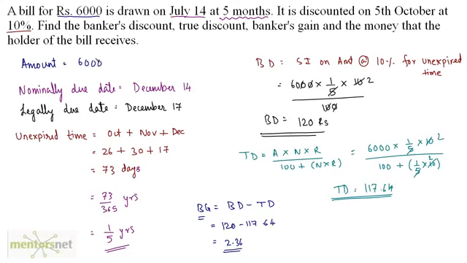The bank keeps the banker's discount with itself and gives the rest of the money to the holder of the bill, right? So money returned will be equal to the amount, 6,000, minus the banker's discount, 120 rupees. So this is equal to 5,880 rupees, the money returned. So this is how you solve problems on banker's discount.